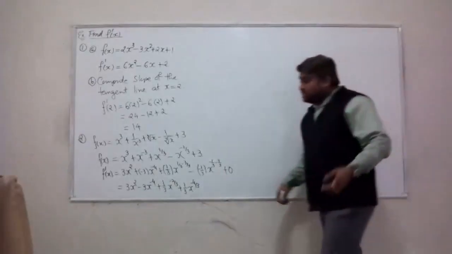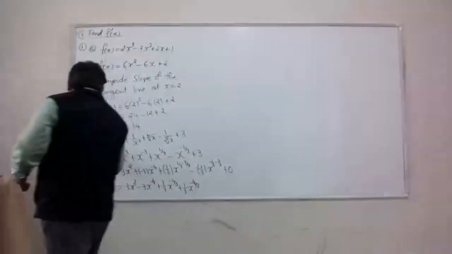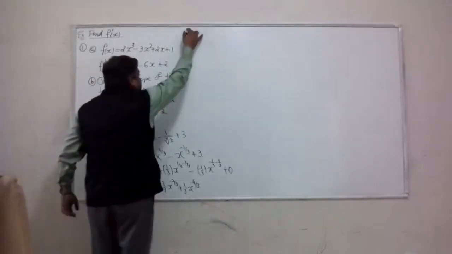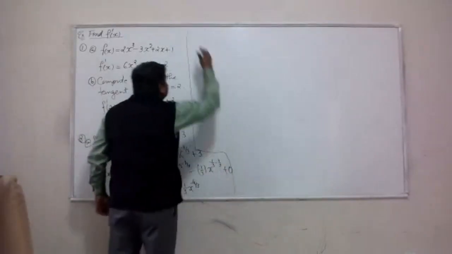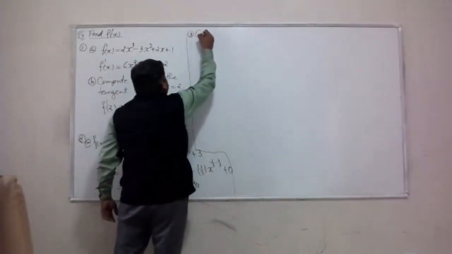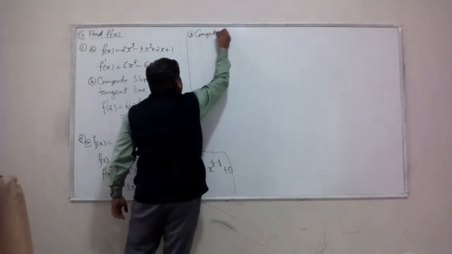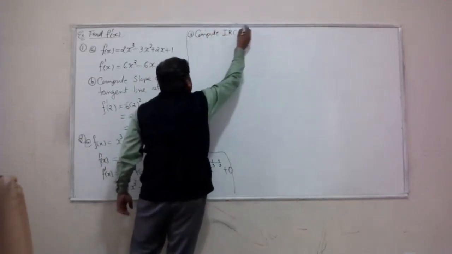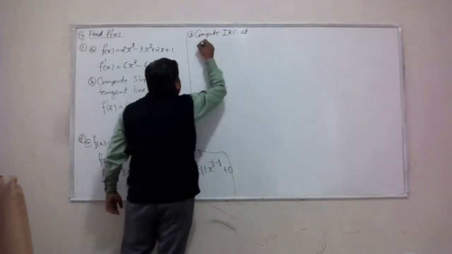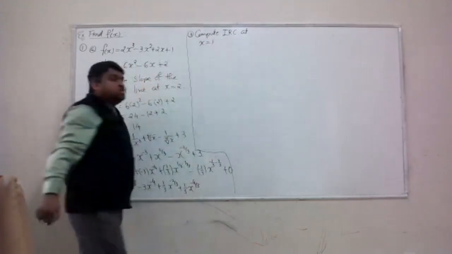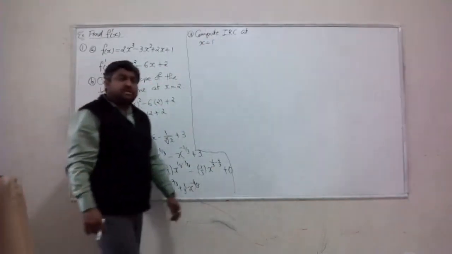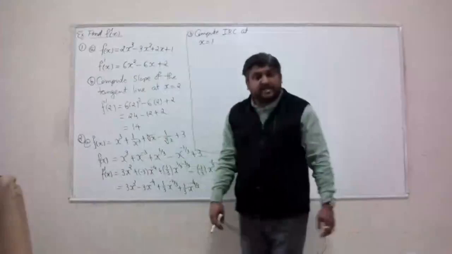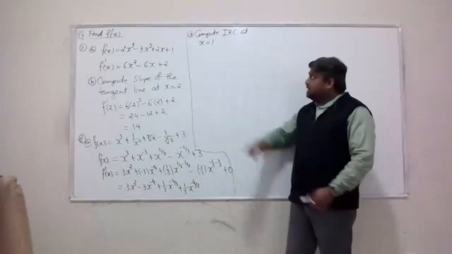Now let's say I ask you this second sub problem. Compute the instantaneous rate of change at x equal to 1. Do not use the limit definition to compute the instantaneous rate of change.